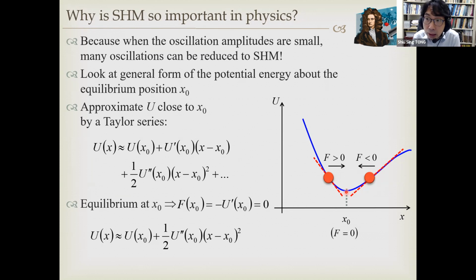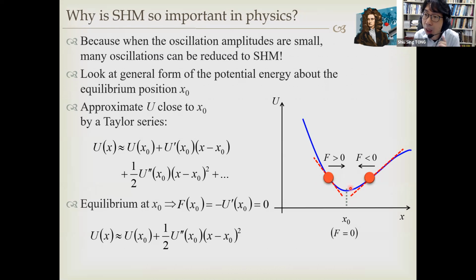Similarly, if you move the particle to the negative x direction by a little bit, the force will be in the positive x direction, and it tries to move the particle back to the equilibrium position. That's why the point is stable. A slight disturbance will not disrupt the equilibrium, because the conservative force will tend to move the particle back to this equilibrium position. That is what we mean by stable equilibrium.